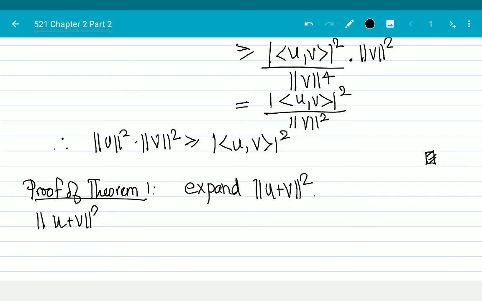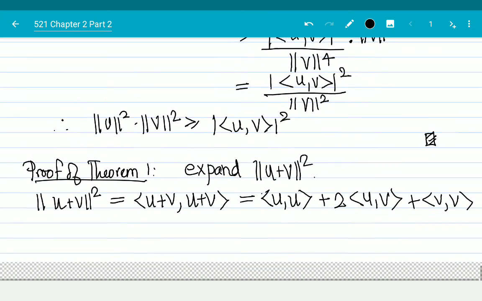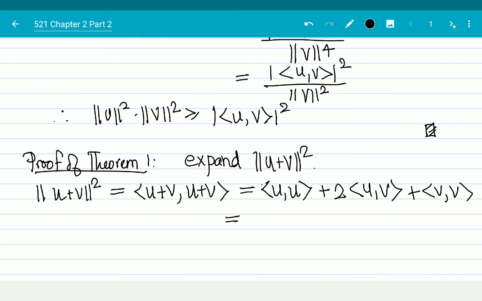Norm of u plus v squared is by definition again ⟨u plus v, u plus v⟩, which is equal to ⟨u, u⟩ plus 2⟨u, v⟩ plus ⟨v, v⟩, which is what?